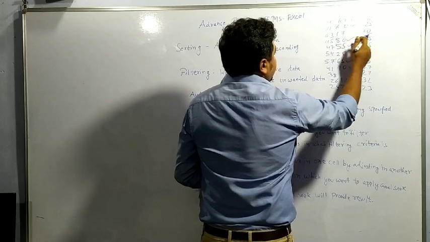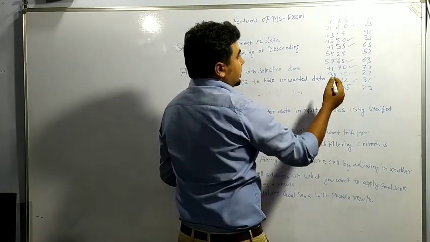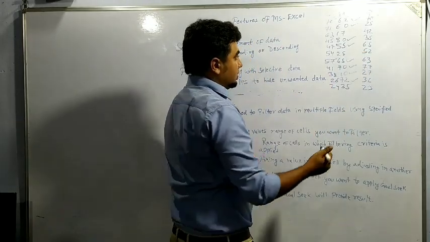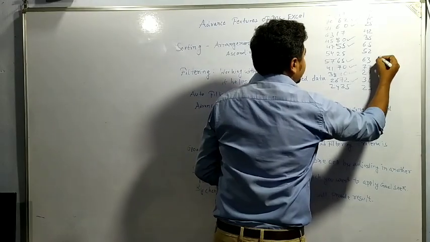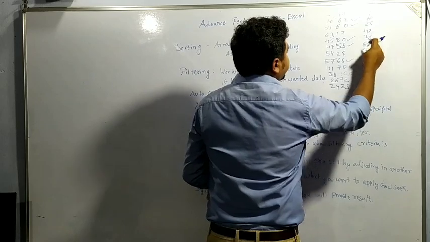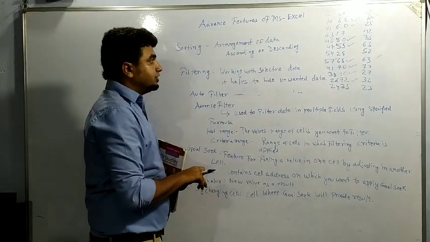Here it cannot be selected; only one subject he has got good marks. Here it cannot be selected; two subjects 50, but one subject is less. Here it can be selected. Here it cannot be selected. So only two records we are getting who have got above 50 marks. That is known as advanced filter.